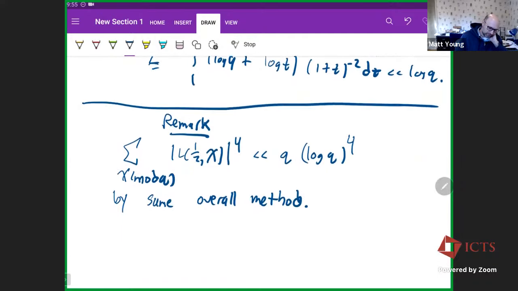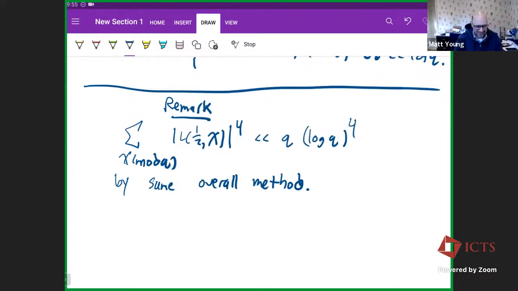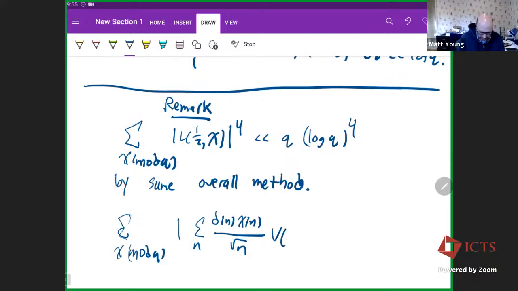So how's that? It's basically the same thing. To sketch this out in very brief detail, we'll end up with a sum over something like the divisor function of n times chi of n over square root of n, and then now we'll have v of n over q.